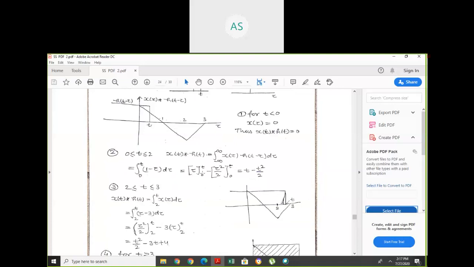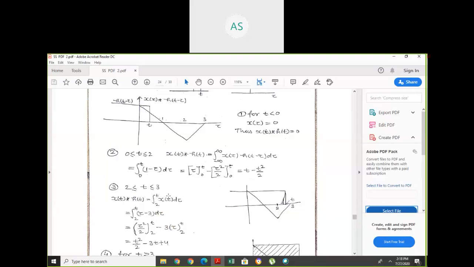Then, when h of t minus tau is shifted towards the right, this is the final position, and the value of t is less than 3 but greater than 2. In this case, the higher limit is t and the lower limit is 2.